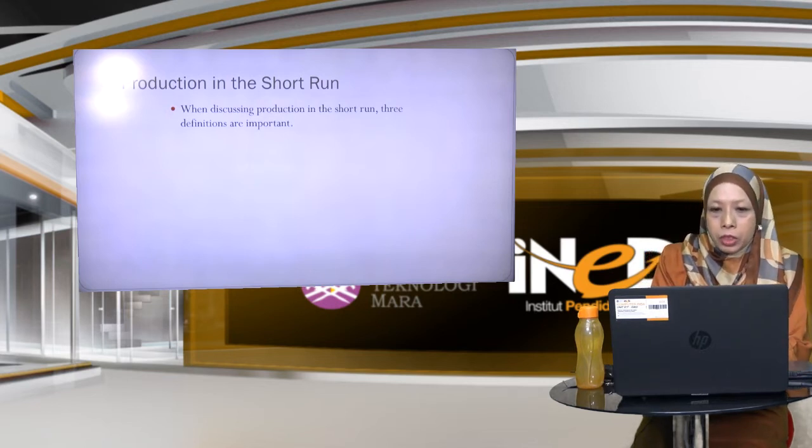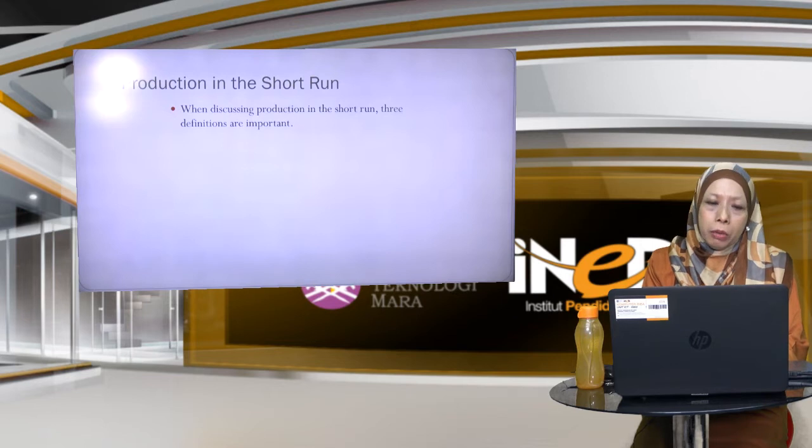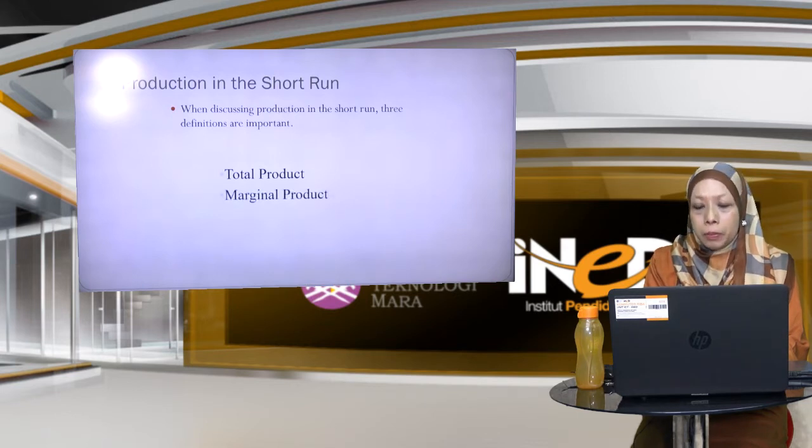When we want to analyze production in the short run, there are several concepts that we're going to look at. We will start off with the concept of total product, moving on to marginal product, and the last one is going to be average product.